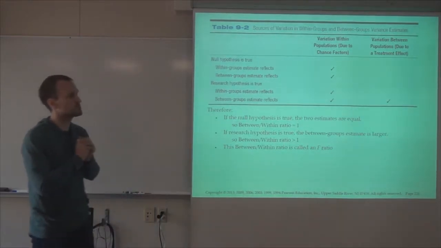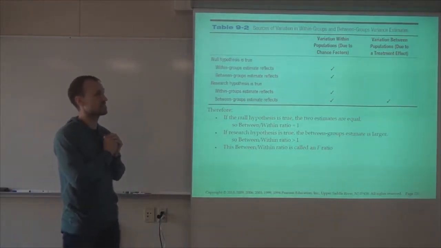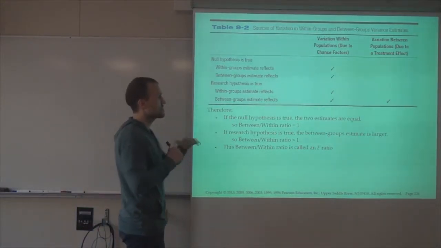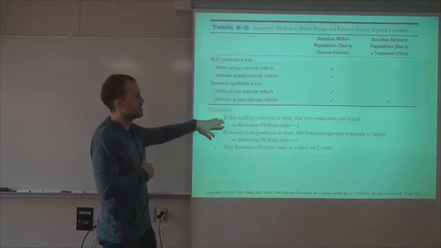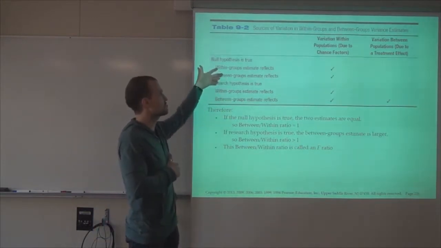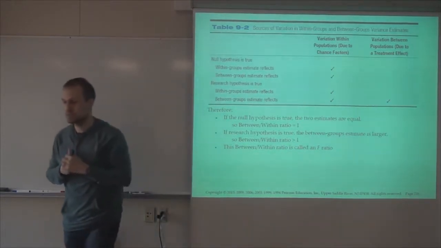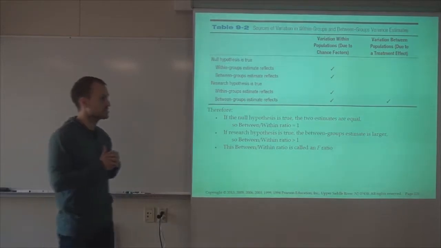And this leads me to my analysis of variance approach. That if the null hypothesis is true, then these two ways of estimating the variance should pretty much be the same. They're not going to be exactly the same, they're estimates, but they'll be close to each other.